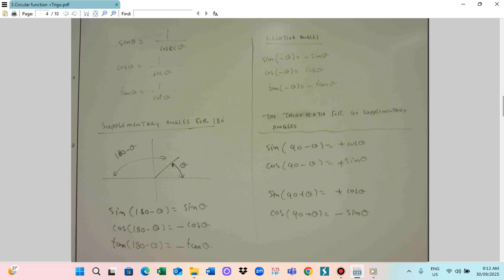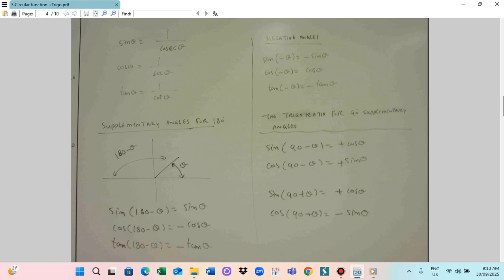And similarly, tangent 180 minus theta is equal to minus tan theta. So this is the formula for the supplementary angle. Sine 180 minus theta is sine theta, cos 180 minus theta is minus cos theta, and tangent 180 minus theta is minus tan theta. This is the rule for the supplementary angle.